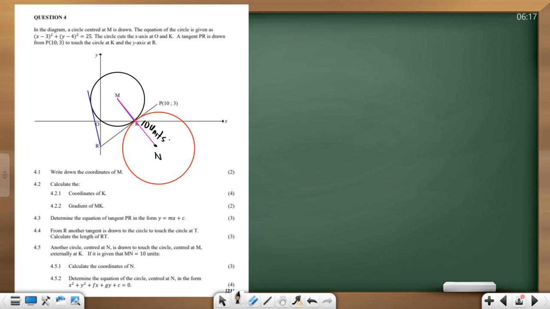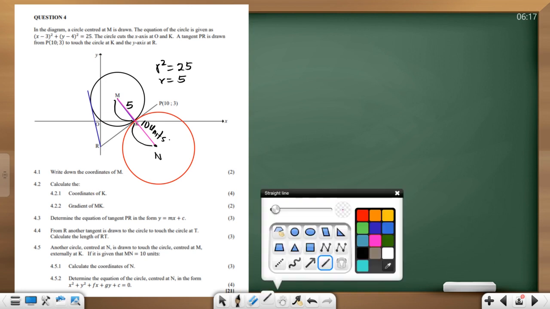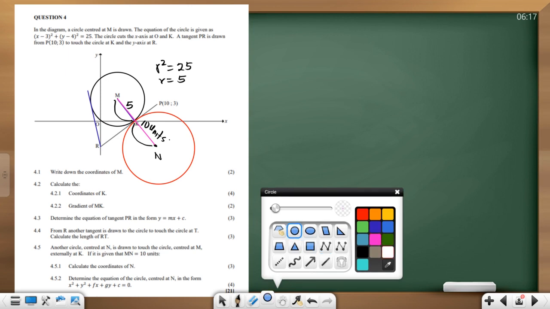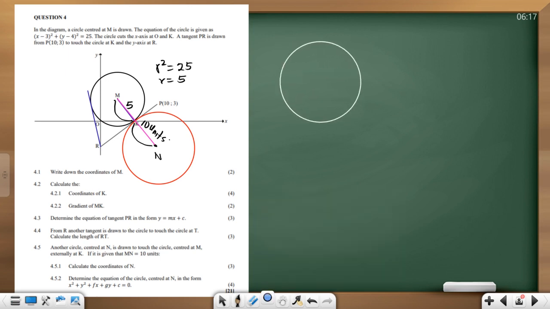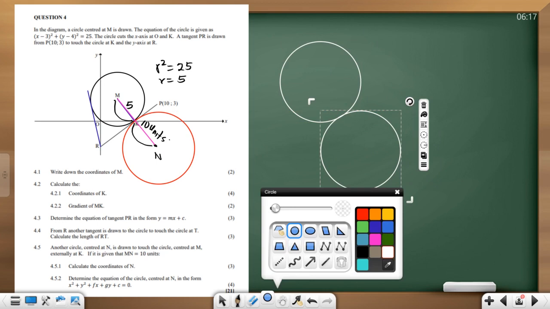Remember, the equation of the first circle, r squared is 25, which means the radius is 5. Oh, I see. If this is 5, it also means that is 5. Oh, which makes K. Look, this is interesting. There are two ways of doing this, and I would like to just explore. We have two circles. I'd like to explore this. Oh, that looks perfect.